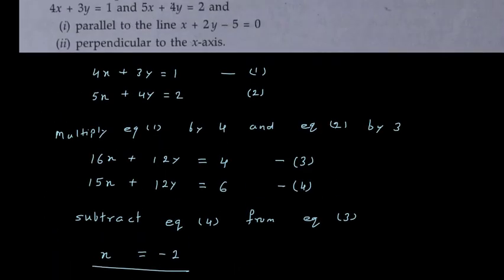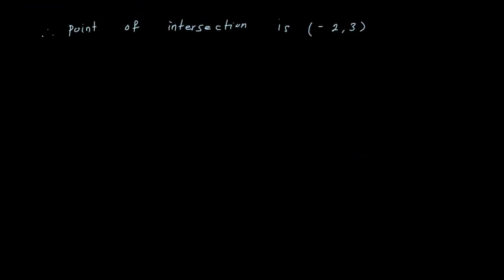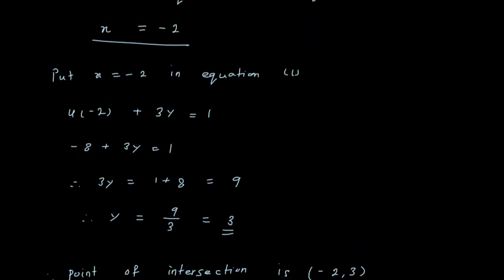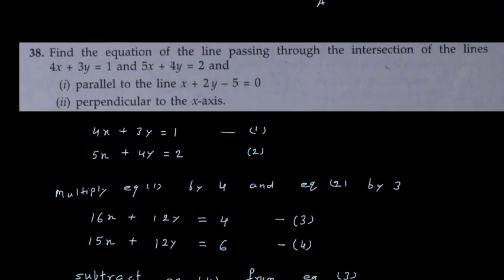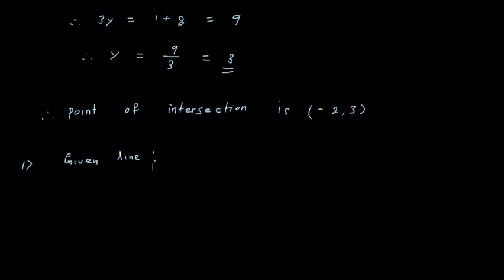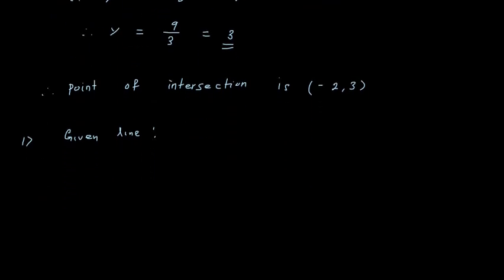Okay, now parallel to, we have given one line. So here first, given line is x plus 2y minus 5 is equal to 0.